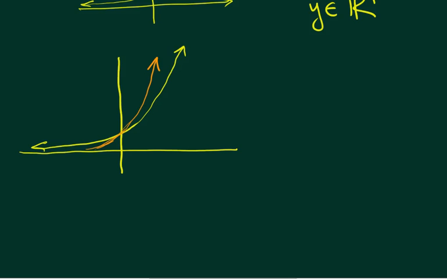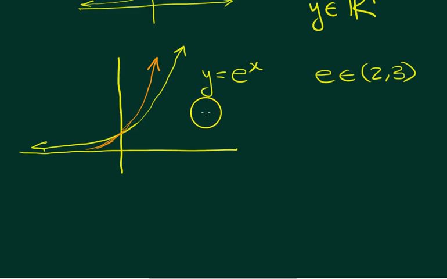In yellow here, let's suppose that this is y equals e to the x. E is that number that is between 2 and 3, an irrational number that in pre-calc we used a bit, but we said we couldn't tell you what it means. This is the natural exponential base. And then in orange, I'm showing y is equal to 10 to the x.